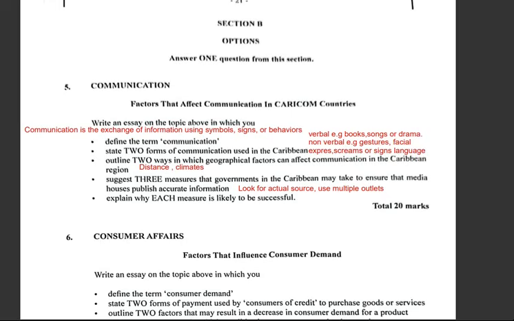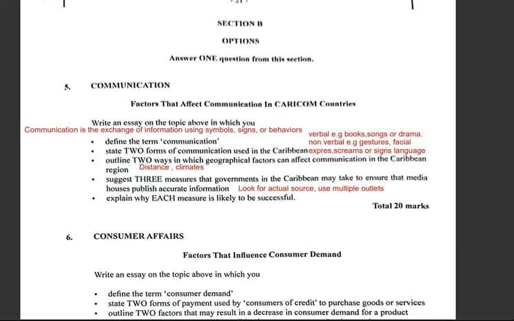In the UK, which is England, we have different zones, and that would partially be a factor that can affect communication, but they are mentioning the Caribbean, so we use distance. Another thing again, climates, different types of climates. So that is another geographical factor that can affect communication in the Caribbean.